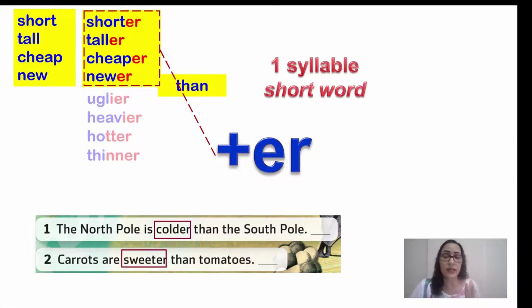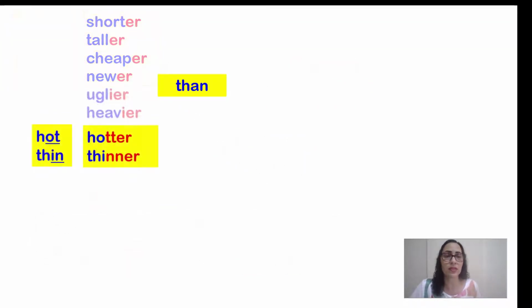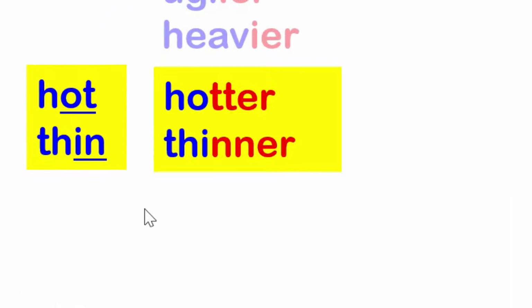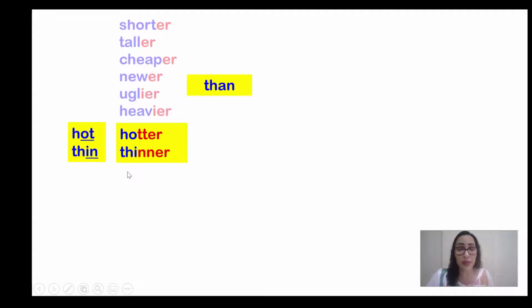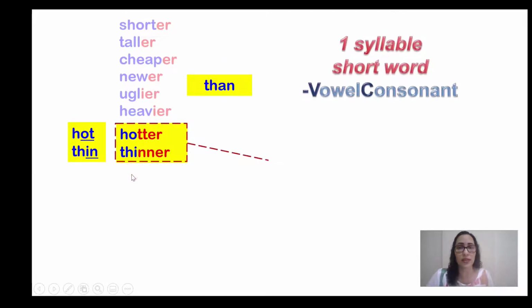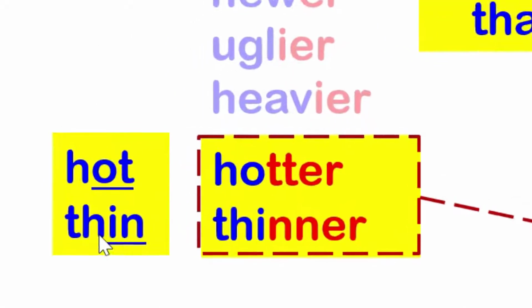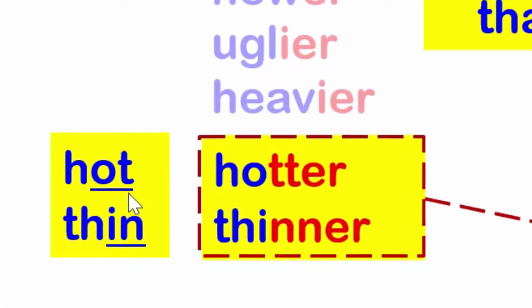The second part of this first group is consisted of these words here. For example, hot and thin. They are short words, but they have something very specific. Have you noticed? They are one-syllable words that end in VC, vowel consonant.